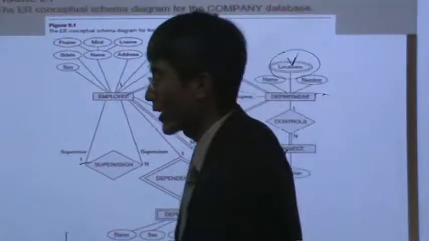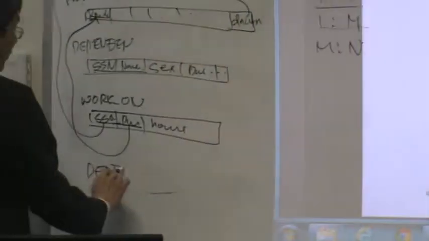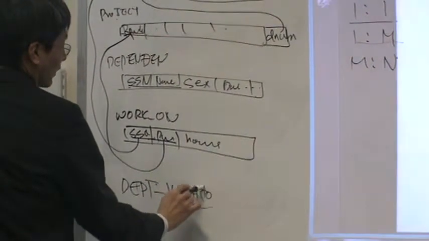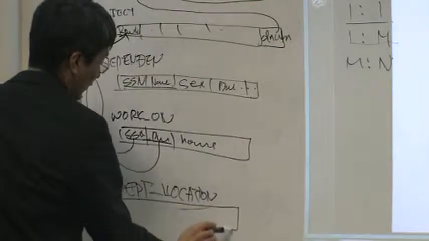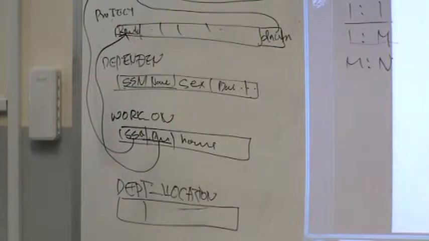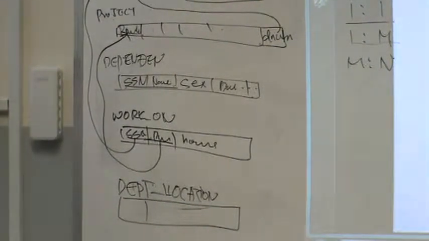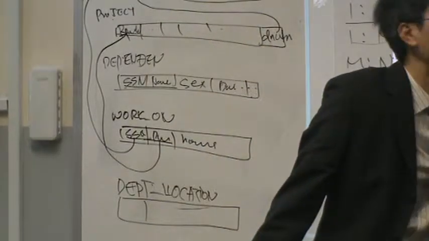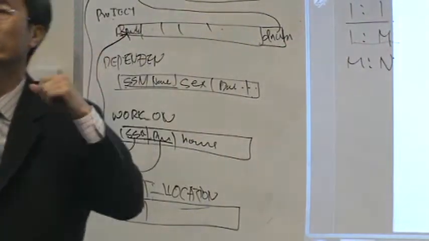Instead, to address that problem, we can create another table, DPT location. Like this. So, what is the key of the location? At least to identify the location of the department, we should know what? The department.